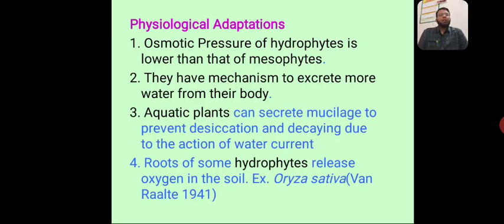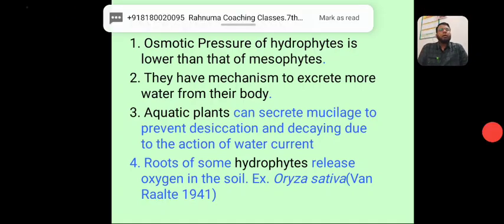The osmotic pressure of hydrophytes is lower than that of mesophytes, because the entire plant is under the water, above the water, or near the water, so the osmotic pressure is very low, so that water does not come into the plant.